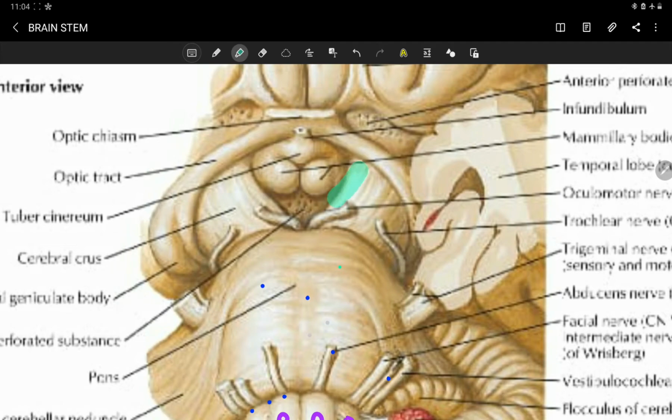You can see these two structures here, this one and this one. These two structures are nothing but your cerebral peduncles.